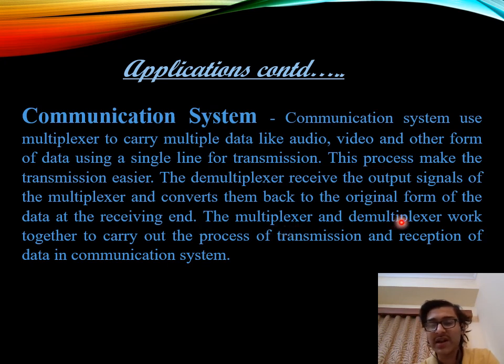The multiplexer and demultiplexer work together to carry out the process of transmission and reception of data in communication systems. So what the multiplexer does is merge the different lines into one, which makes it easier for transmission. And what the demultiplexer does is, when these merged lines are received at the endpoint, it demerges them, and they both work together to make the transmission easier.